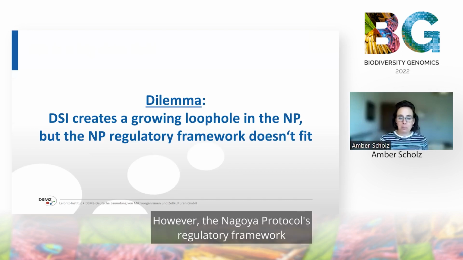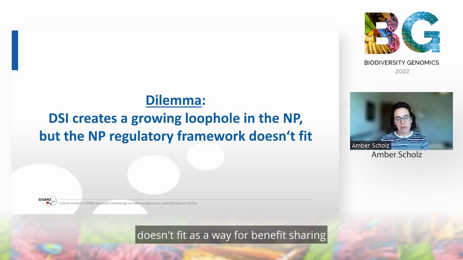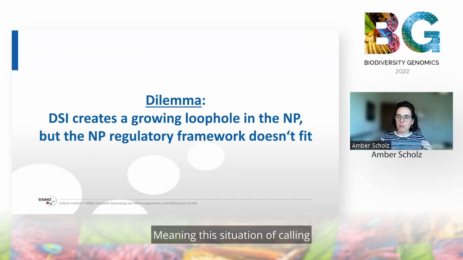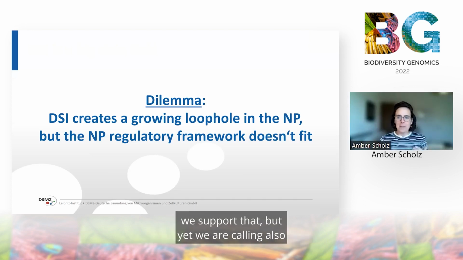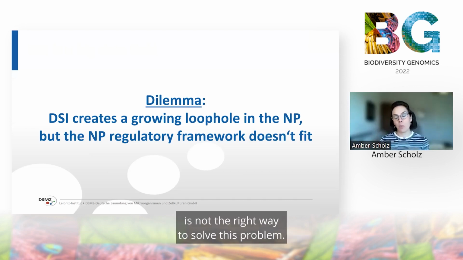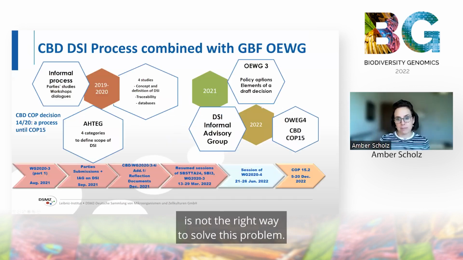However, the Nagoya Protocol's regulatory framework doesn't fit as a way for benefit sharing to happen in a fair and equitable way, meaning this situation of calling for benefit sharing from DSI is fair, reasonable, we support that, but yet we are calling also for the fact that the Nagoya Protocol is not the right way to solve this problem.